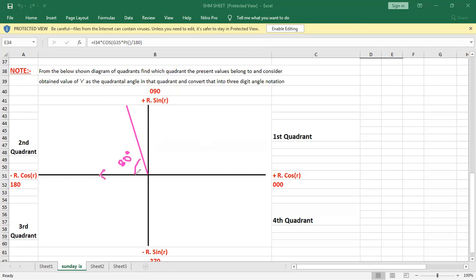So from 180 it is 80 degrees. We need to calculate the anti-clockwise angle from 000. So we need to calculate this angle. So 180 minus 80 will be your angle. That is r is equal to 100 degrees. Correct?